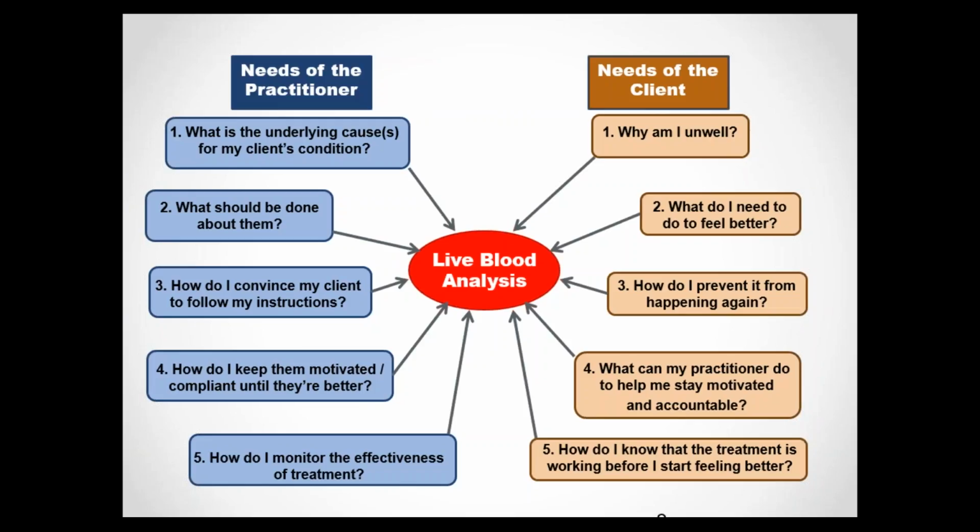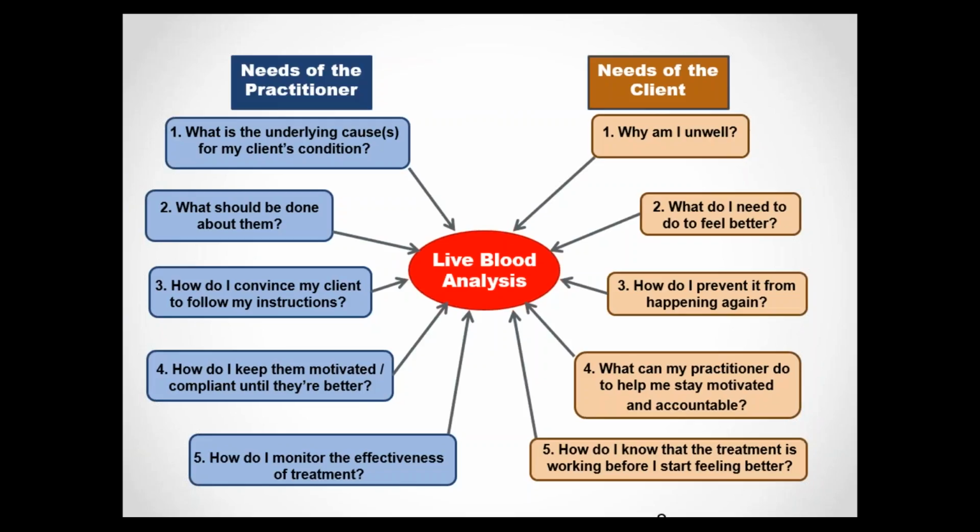All right, and then another benefit that we need to mention here as well is that it has a very unique ability to show issues not yet manifested with symptoms. Now, live blood analysis can show the potential for specific conditions before they develop in the future.